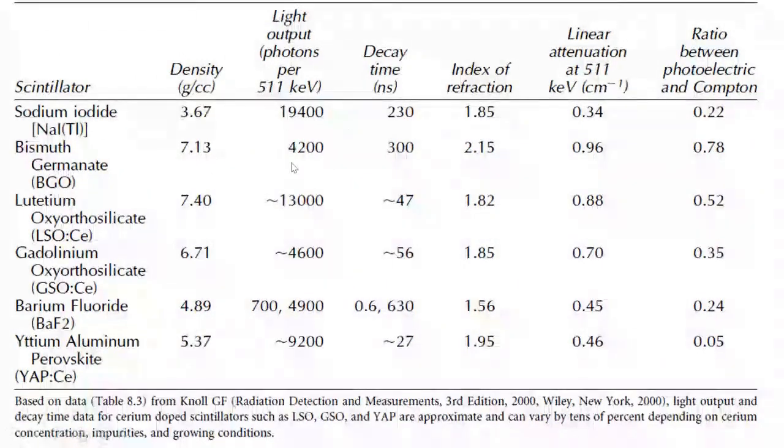In bismuth germanate, the light output is about 4200, and in lutetium oxyorthosilicate, it's around 13,000. How much is the decay time here? 300 nanoseconds, which means the electron takes about 300 nanoseconds to drop and produce the light photon. How much does it take here? 47. Okay.